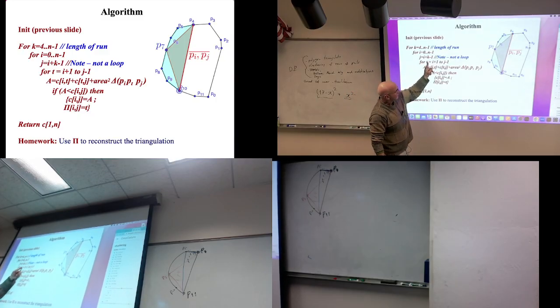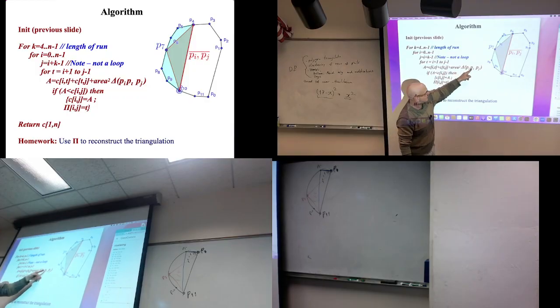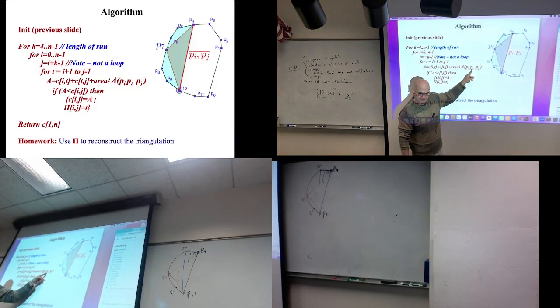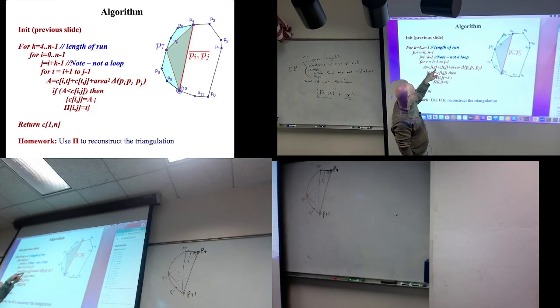So let's see. For all the t's, all the vertices in between P4 and P7, look at the area, assume that the third vertex is at PT. The third vertex of this main brown triangle that I'm discussing all the time is at PT. What are you paying for?